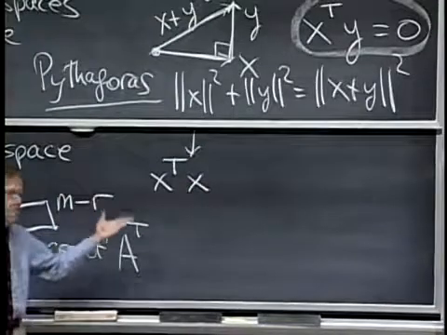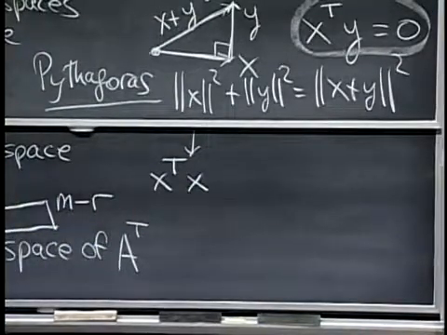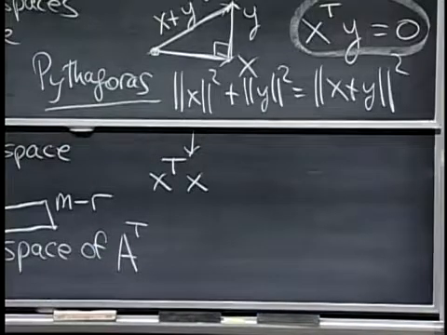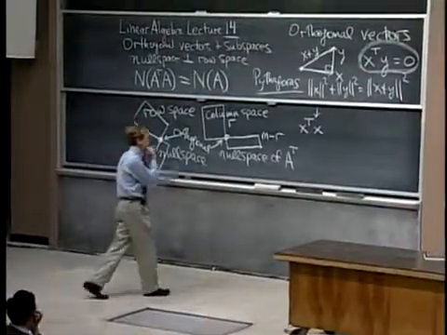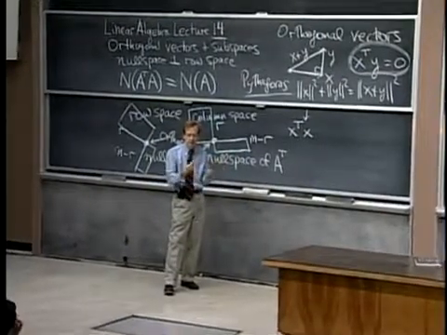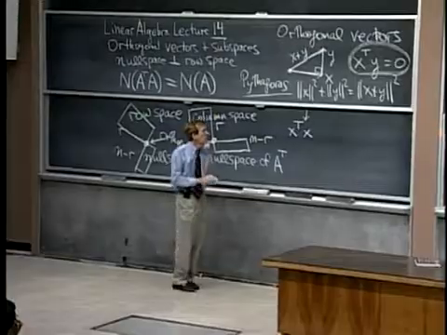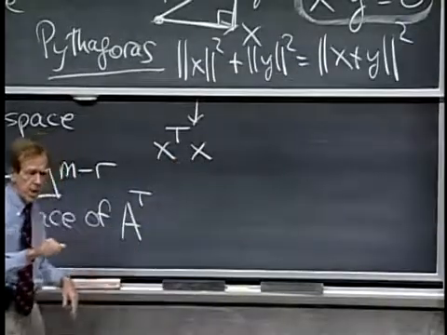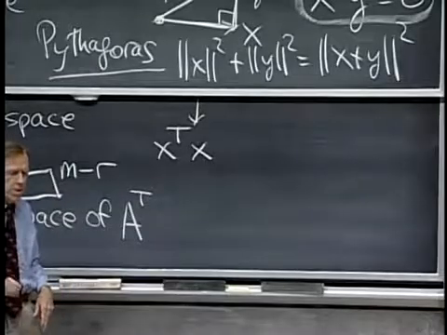Whenever I see x transpose x, I know I've got a number that's positive. It's a length squared, unless x happens to be the 0 vector. That's the one case where the length is 0. So this is just x1 squared plus x2 squared plus so on plus xn squared.